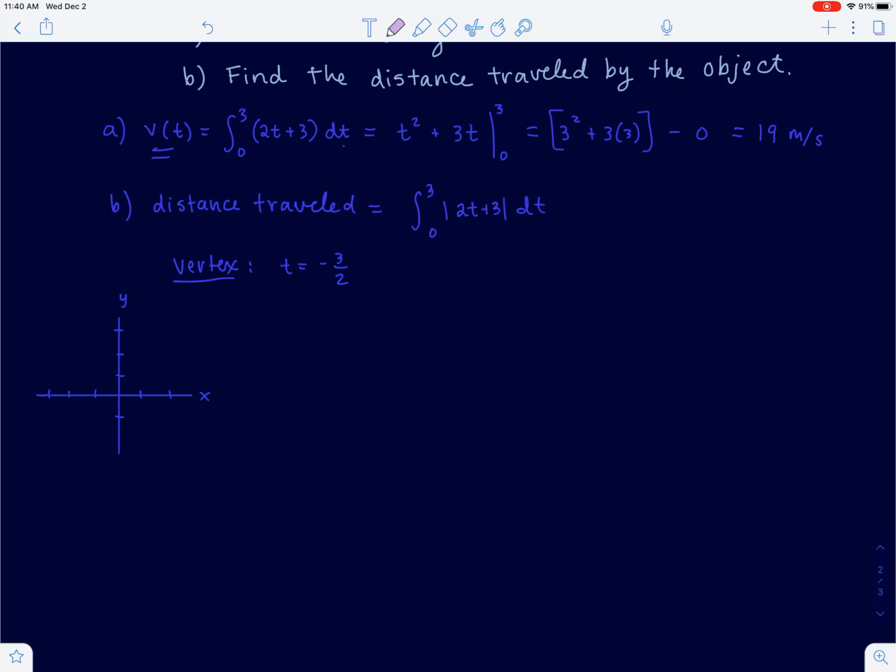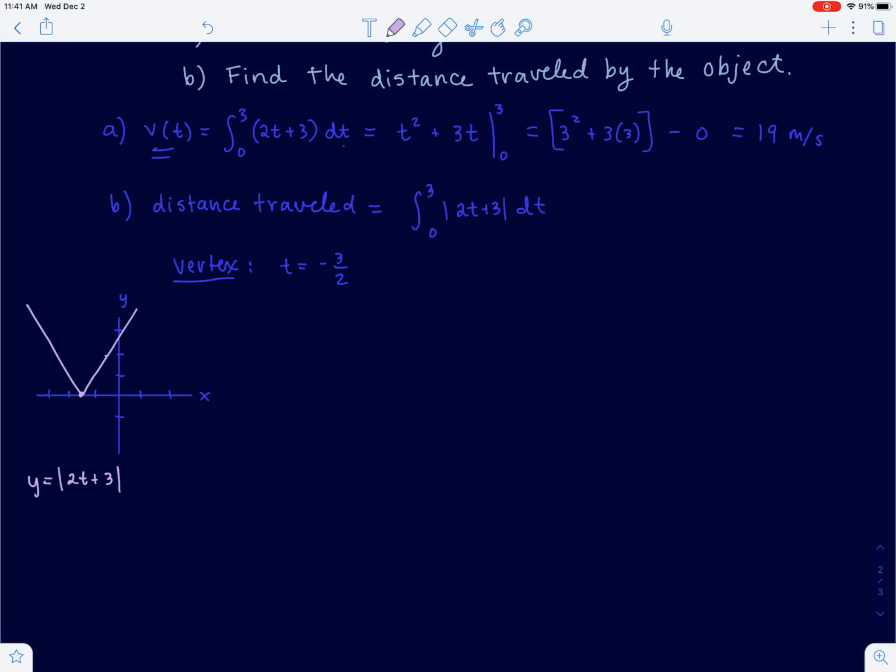At negative 3/2, we're at 0, and then we have a slope of 2, so up 2 over 1. This is roughly what y equals the absolute value of 2t plus 3 looks like.